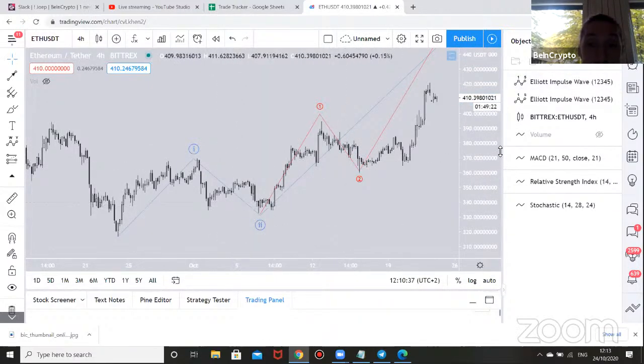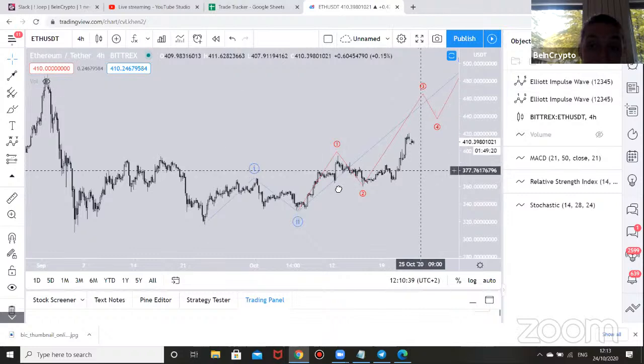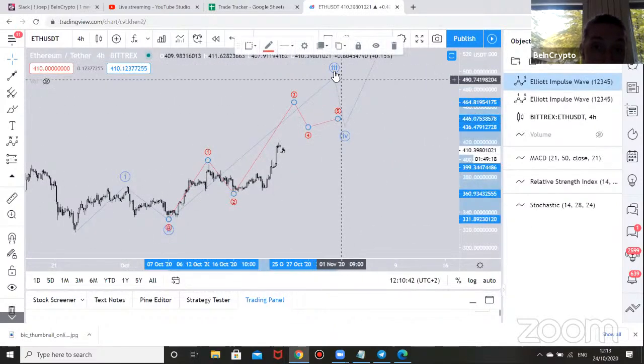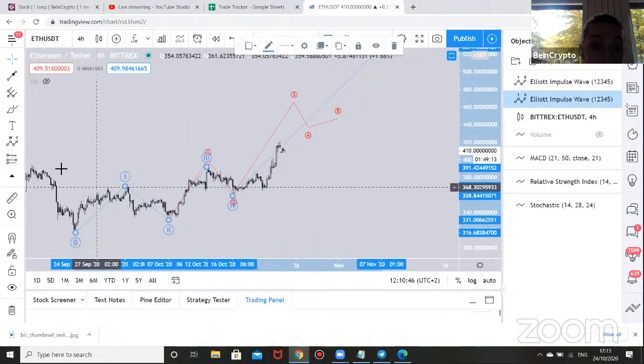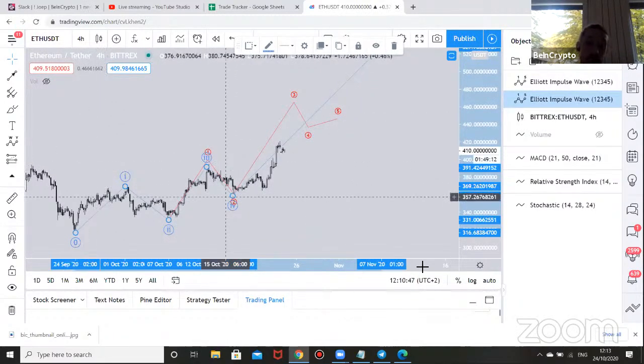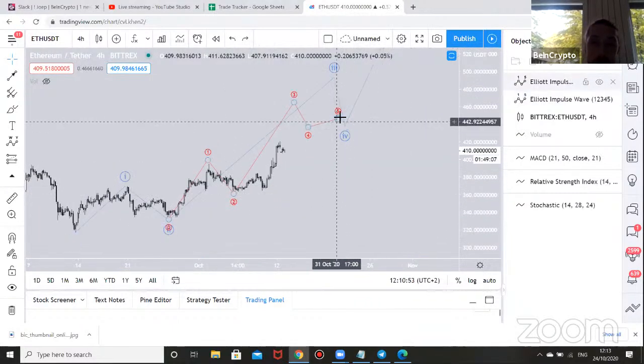Since this cannot be a 1, 2, 3, 4 here because of the breach I discussed previously, it's probably a 1-2-1-2 formation.